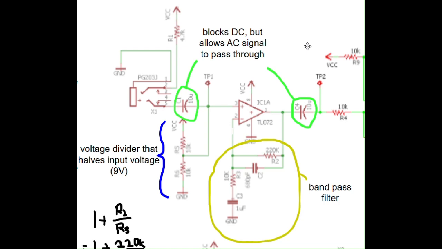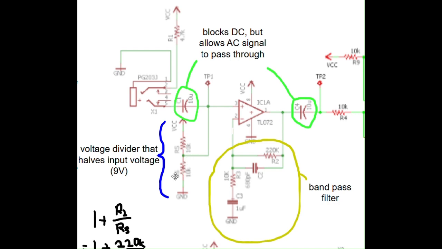So let's take a look at block 1 of the circuit. It revolves around the op-amp TL072 and, as mentioned, is a closed-loop non-inverting amplifier. The coupling capacitors C1 and C4 both block DC signal but allow AC signal to pass through. The non-inverting pin is connected to a voltage divider circuit with R5 and R6 both having values of 10K and Vin being 9 volts.